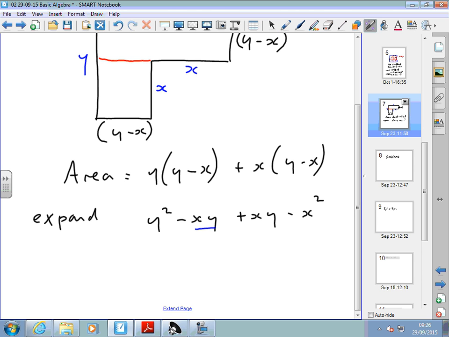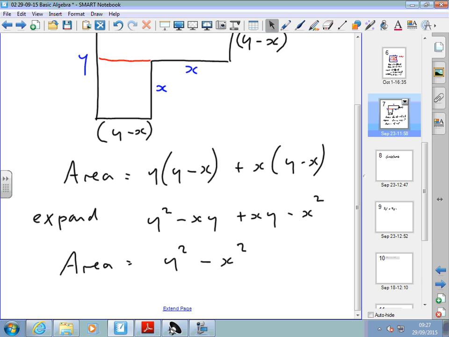I don't know x and I don't know y, but I know x times y must be the same here and here, surely. So minus 10 plus 10 is 0. Whatever the number is, they're the same, so they cancel each other out altogether. And so I'm just left with y squared minus x squared. So the area is that.